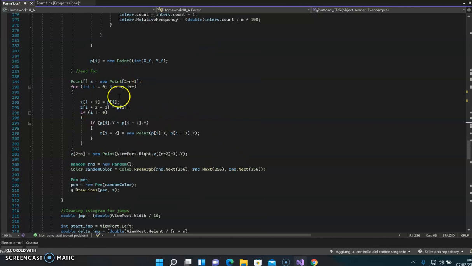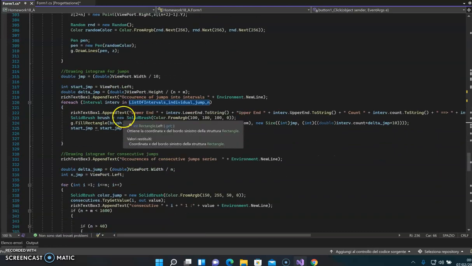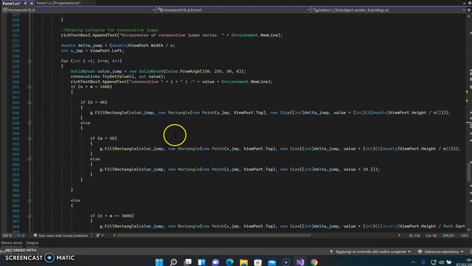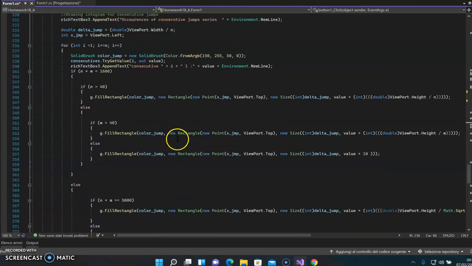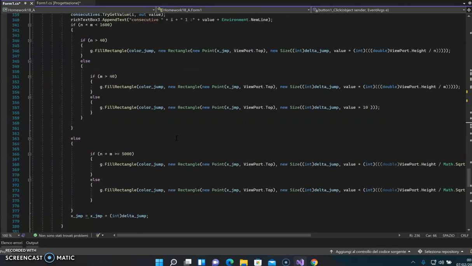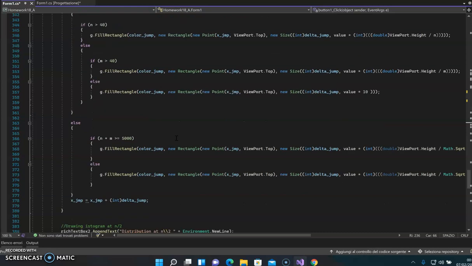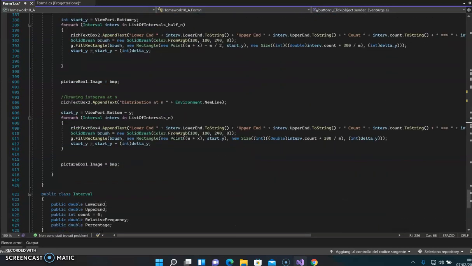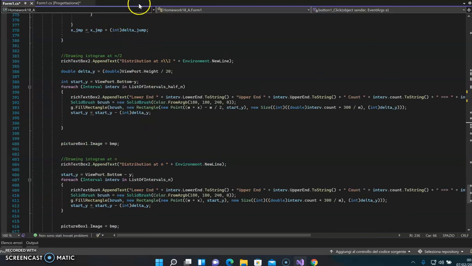After that we compute the points useful for building the graphics of the random walk, and then we put our output as histograms and histogram forms, and also with a text output that is useful to understand the execution of our code.